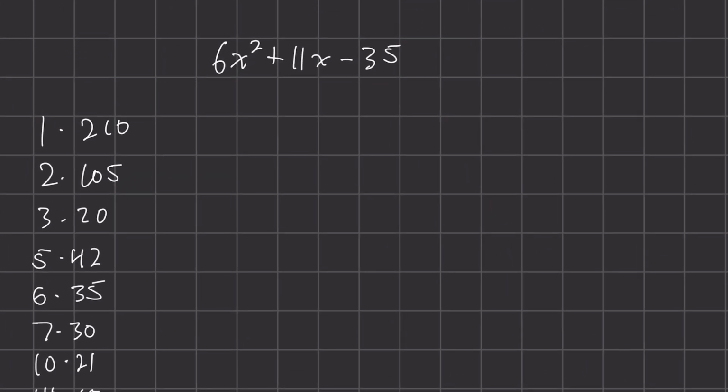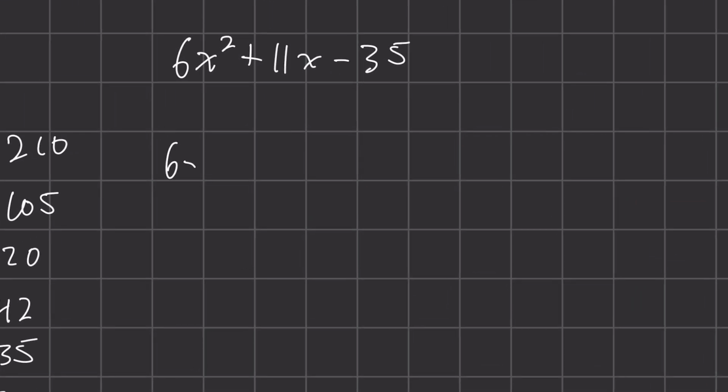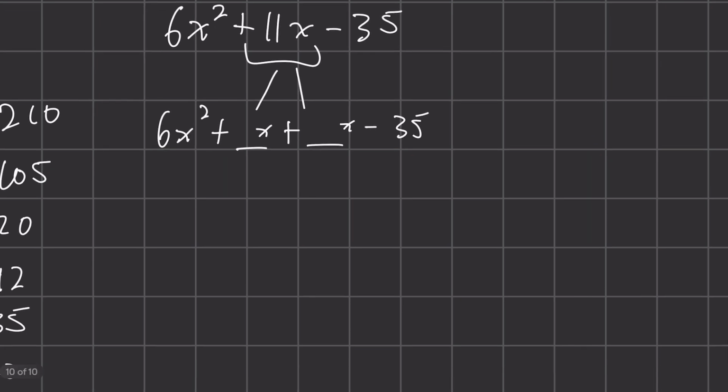Now I'm definitely going to make a more detailed video on this formula, but basically this is how it goes. We know that we have 6x squared and we want two different numbers, or coefficients of x, I should say, that we can write our 11x as, so we can group them properly. Now, there's actually a formula to find those two numbers.